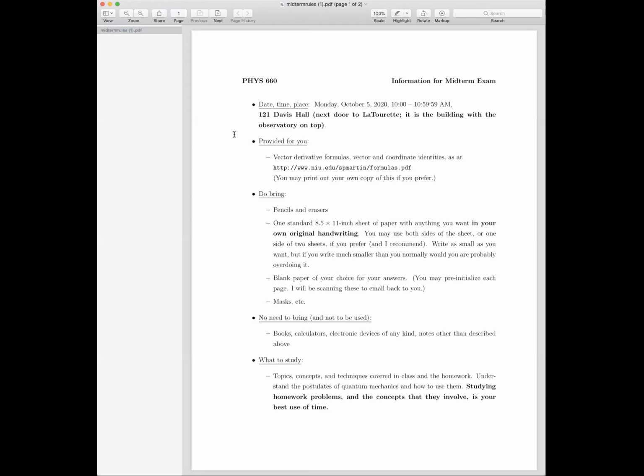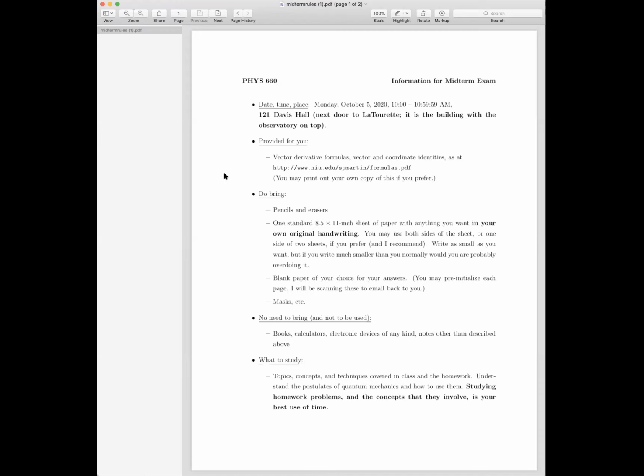Here's what you should bring and what you should not bring. Provided for you will be the formulas that you can find on my webpage for vector derivatives, vector and coordinate identities. Usually I hand them out before a test, but in the age of coronavirus, you can print out your own ahead of time if you prefer, or you can use the copy that will be available.